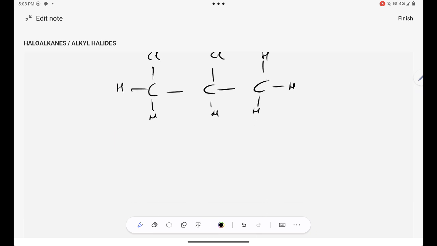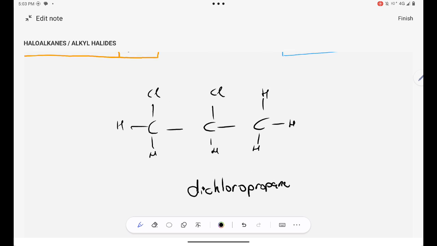This will be dichloro, since there are 2 chlorines. The longest chain has 3 carbons, so it's dichloropropane.